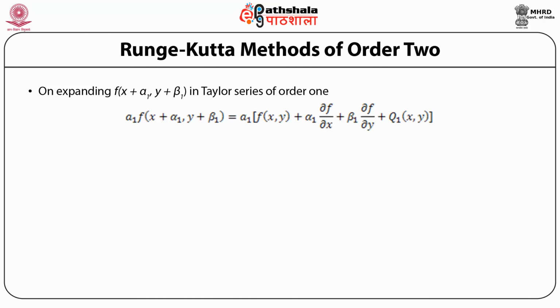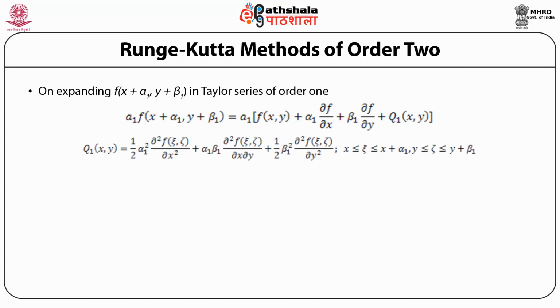And further, R1(x,y) can be written as 1 by 2 alpha 1 squared del squared f at xi, eta by del x squared plus alpha 1 beta 1 del squared f at zeta, tau by del x del y plus 1 by 2 beta 1 squared del squared f at zeta, tau by del y squared, where eta lies between x plus alpha 1 and x, and tau lies between y plus beta 1 and y.